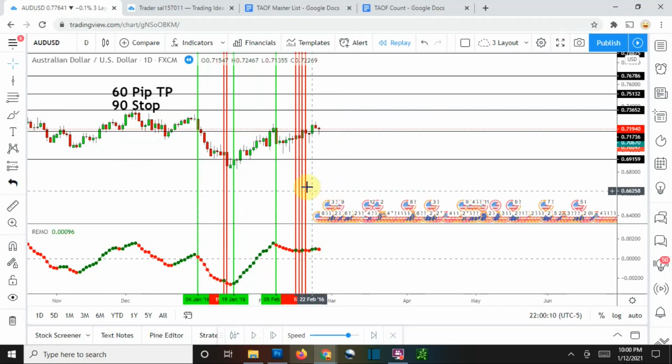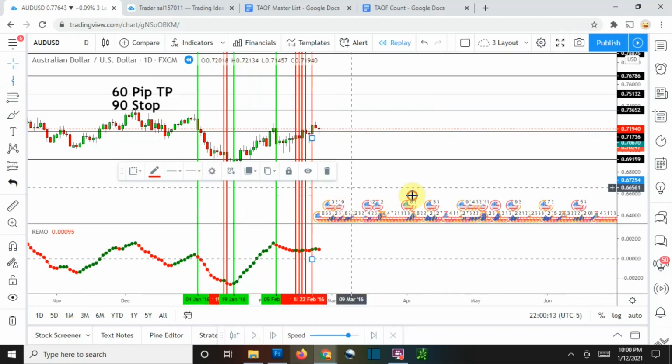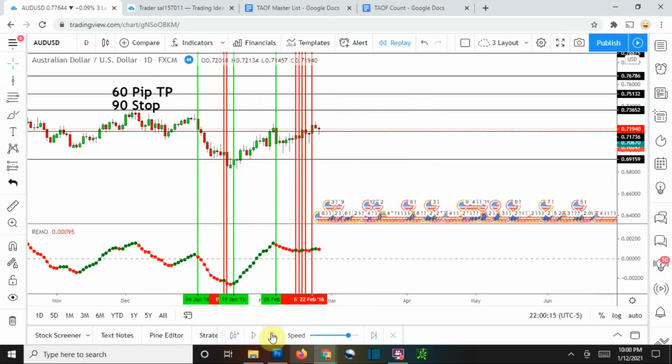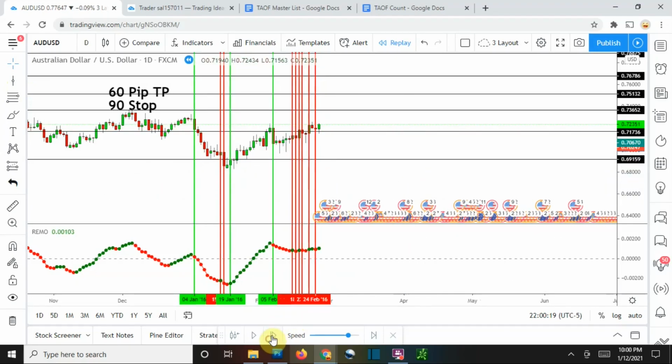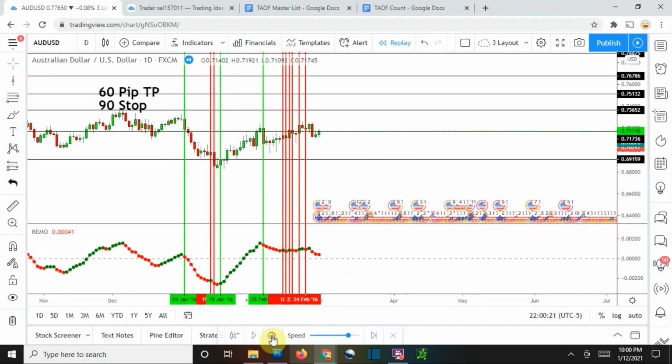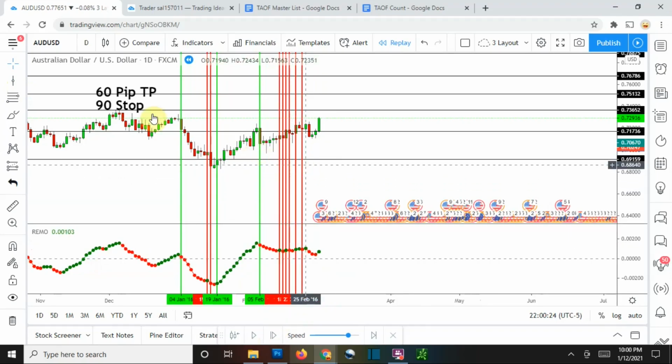Fortunately gets us stopped out. Then we flip for a long right there, and almost immediately come back and pick up a short. And then another long.